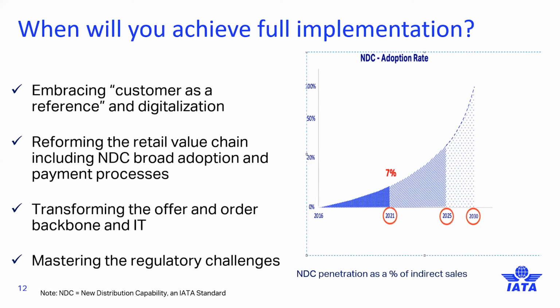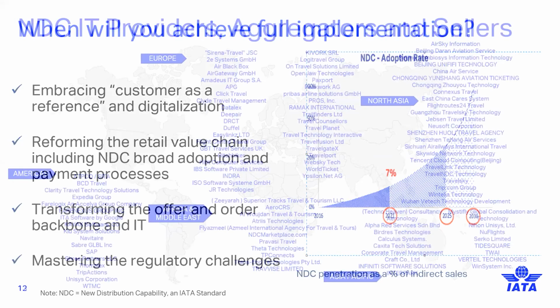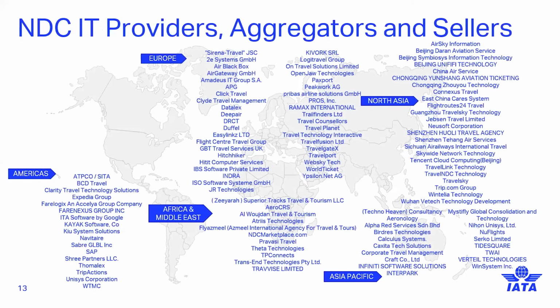That's why we are seeing it as an aspiration at this point in time, but IATA will definitely work with the industry to ensure that all the required capabilities are available for its members. And here we can see the IT providers, the aggregators, and the sellers who have joined our Airline Retailing Maturity Index, the ARM index.